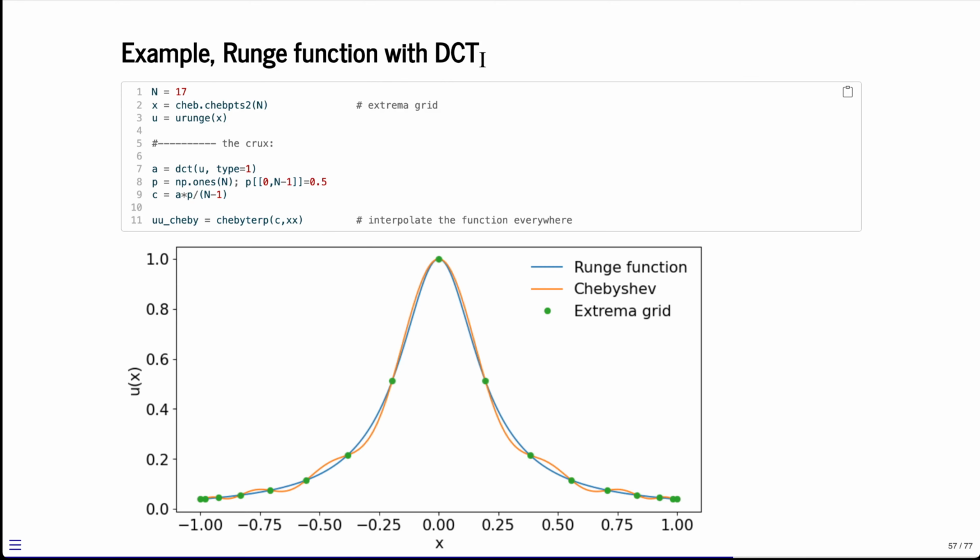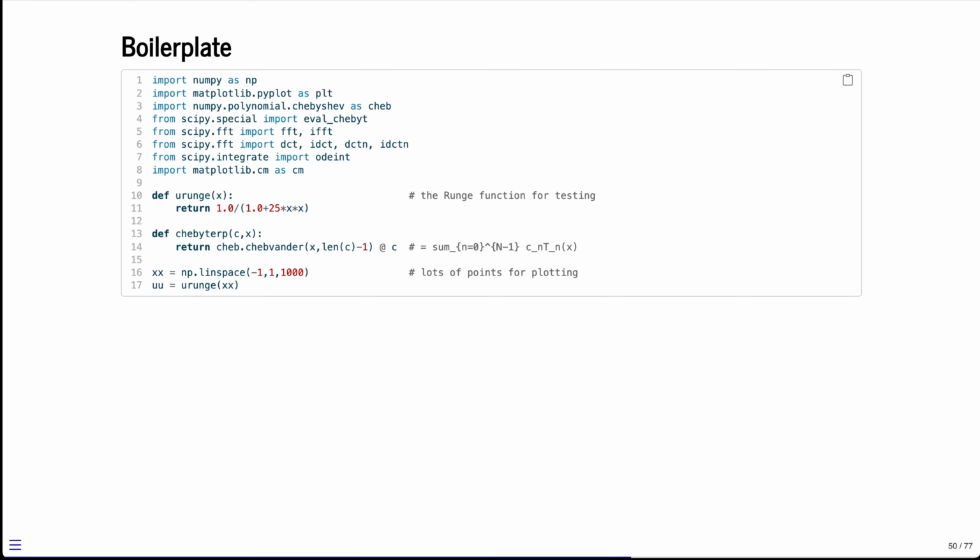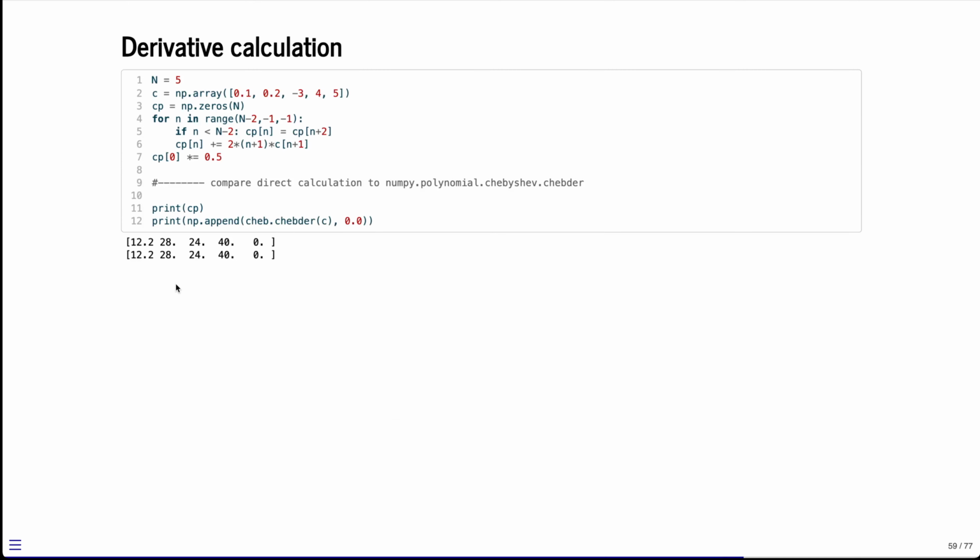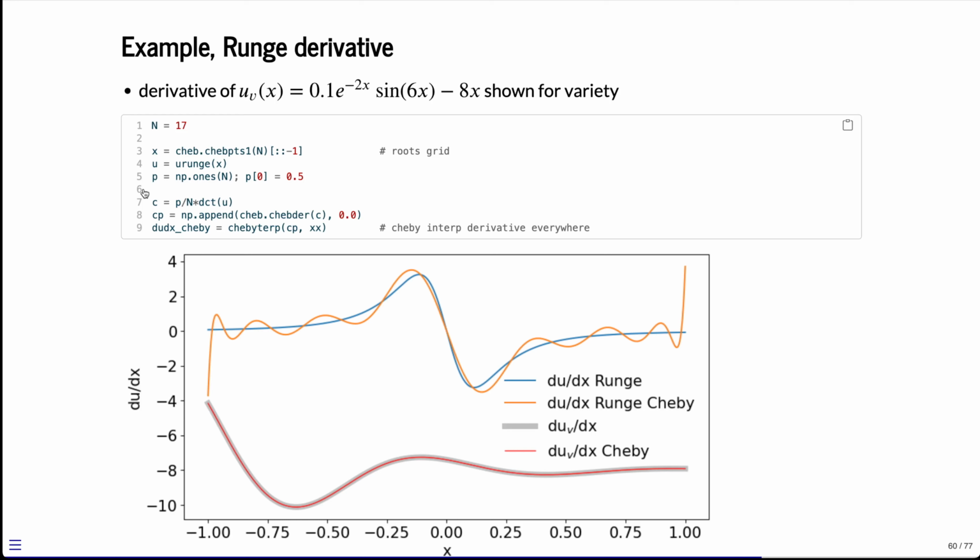There's a slide up here with the boilerplate xx and our Runge function. Okay, so it's as easy as that. So again, create the grid, find the C coefficients, find the C prime coefficients, and then we can interpolate it wherever we want. You can see that it doesn't do that impressive a job with 17 points on the Runge function. This other function that we try, it's nearly perfect.